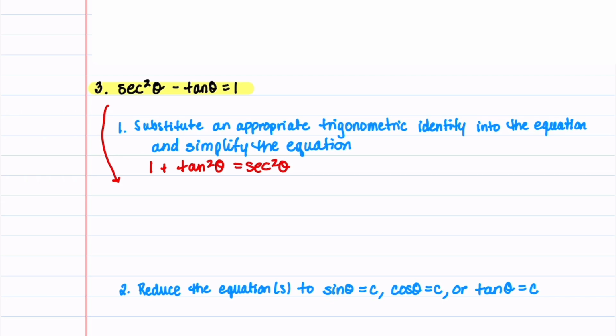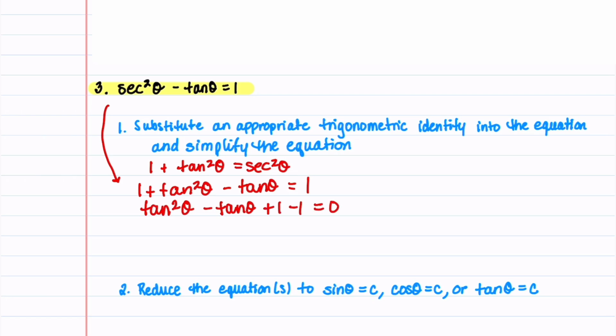Let's plug that in. So on the left-hand side, we're going to plug in 1 plus tangent squared theta. And then we subtract the tangent theta that's already up there, and the right-hand side is 1. Let's rearrange this so we can factor it. So we have tangent squared theta minus tangent theta plus 1 minus 1 is equal to 0, pulling that 1 over from the right-hand side.